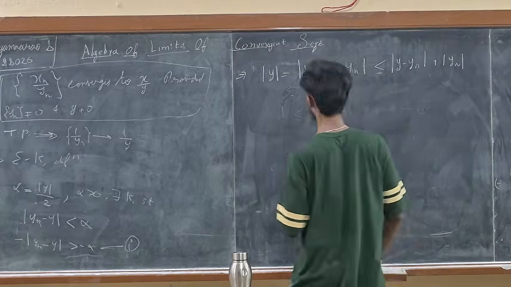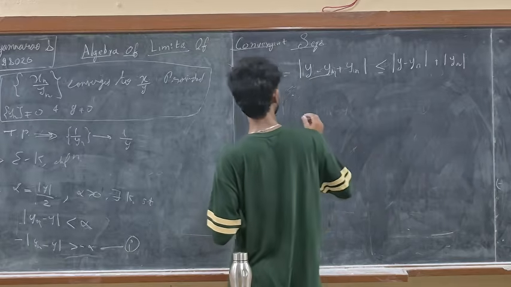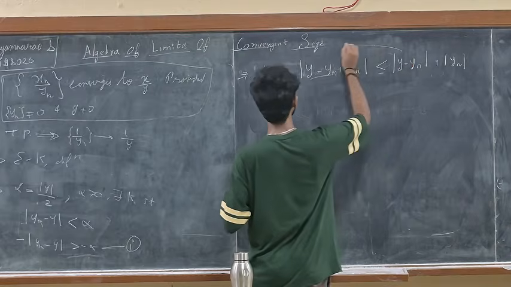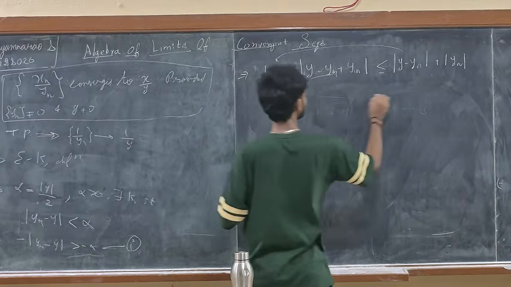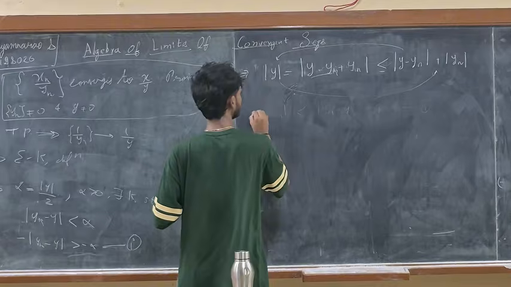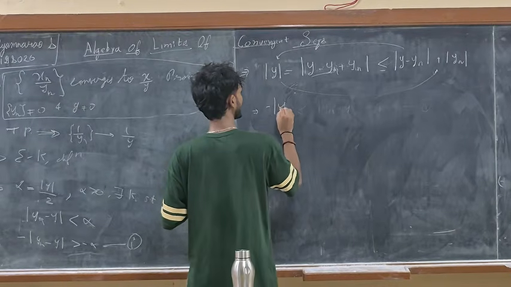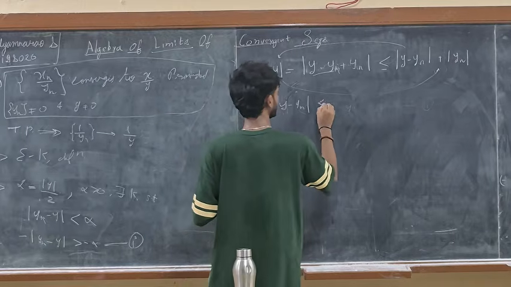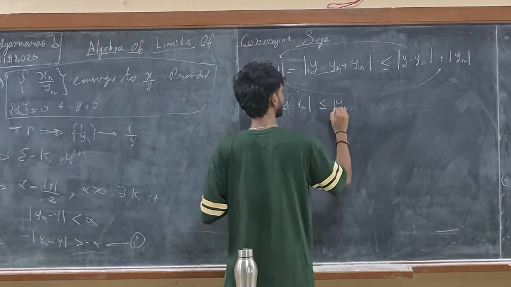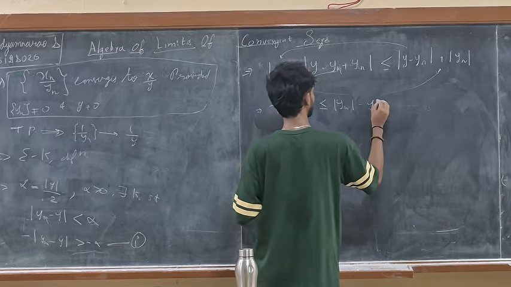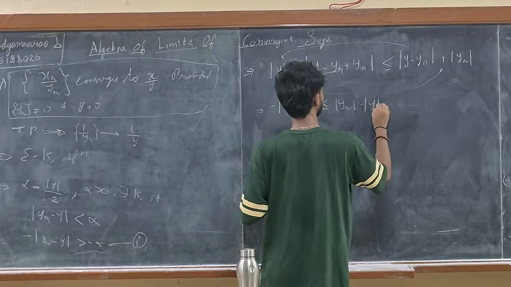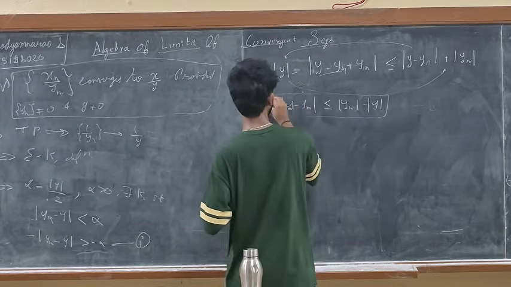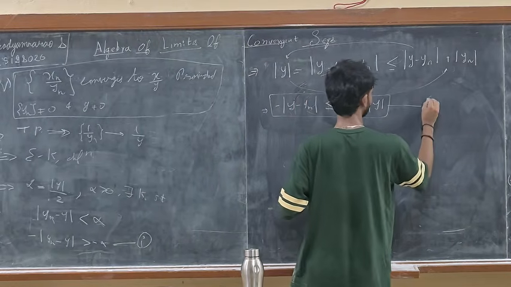Solving further, I'll take this term to the LHS and this term to the RHS. So minus of mod y_n minus y will be less than or equal to mod y_n minus mod y, and let me call this equation 2.